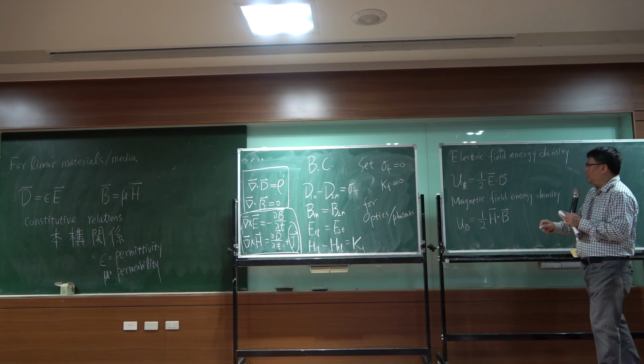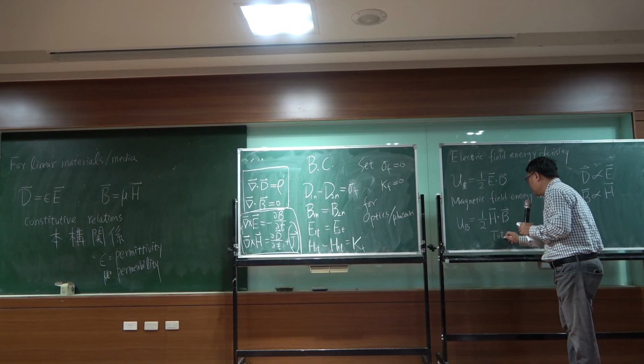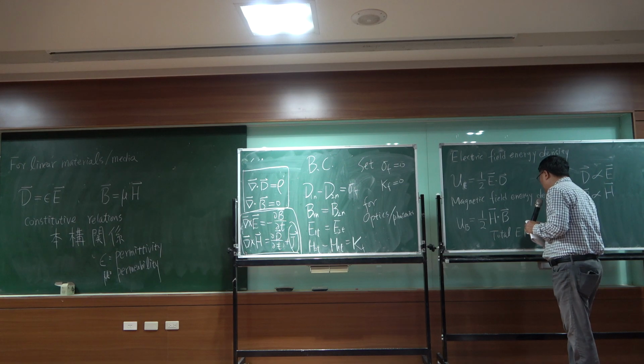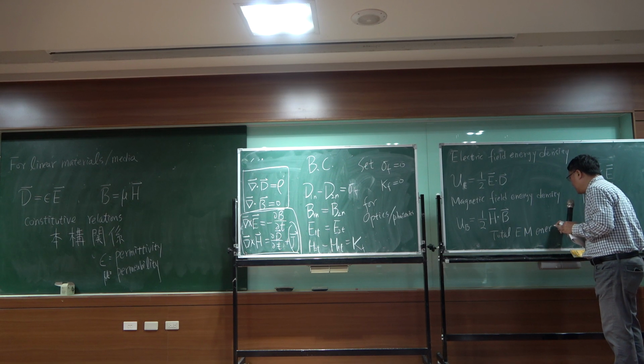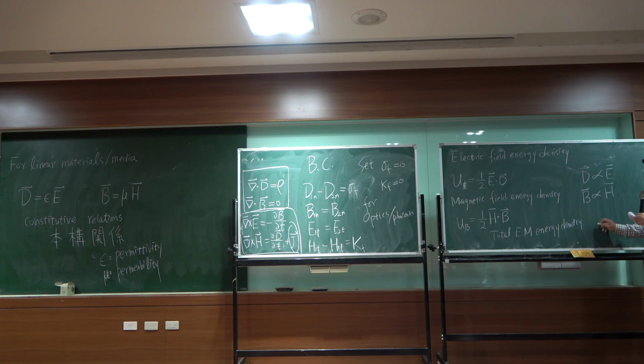So if we assume that D is proportional to E and B is proportional to H, the total electromagnetic energy density can be written as U equal to UE plus UB, and this is 1/2 (E dot D plus H dot B).